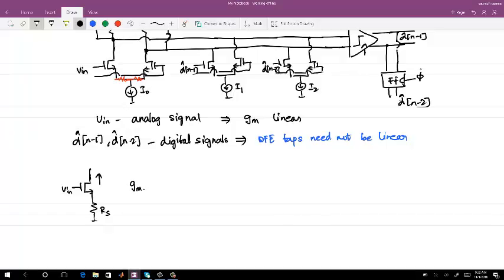GM effective equals GM times RS by 1 plus GM times RS, times 1 by RS, which, if GM RS is much greater than 1, is 1 by RS. This is one of the conventional and most used ways if you want to make a GM cell linear. The only thing is that this actually reduces your effective GM.